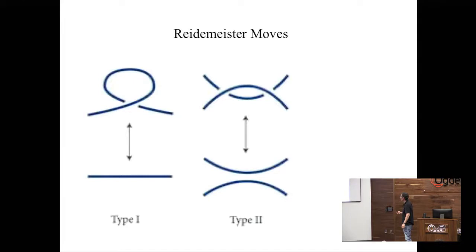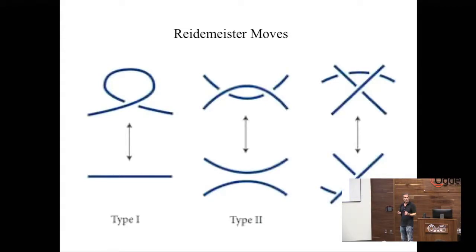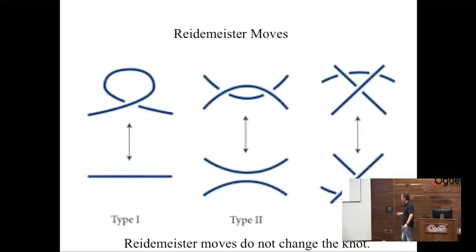You can do a type 2 move where you take two strands of the knot and slide one over the other. And you can do a type 3 move where you take a strand, look at this back strand that you see right back here, and you push it down past the crossing. That's called a type 3 move, okay? And it's pretty clear when you look at these pictures that those moves are not going to change the knot. They change the picture of the knot, but they don't change the knot. So Reidemeister moves do not change the knot.